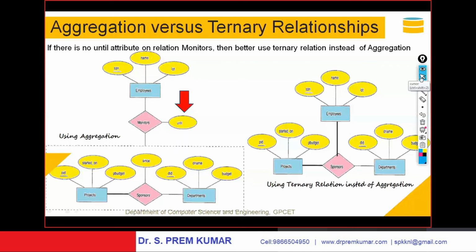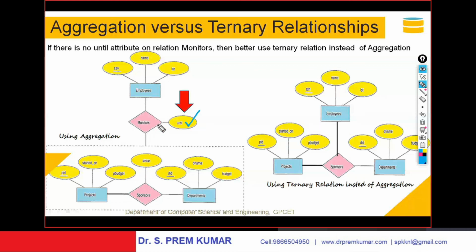You take this diagram. We'll take this example. Here I am aggregating. There are projects which are executed by the department, and employees are working with this department and projects until, meaning there is a specific date. This employee should execute this project until so and so date.